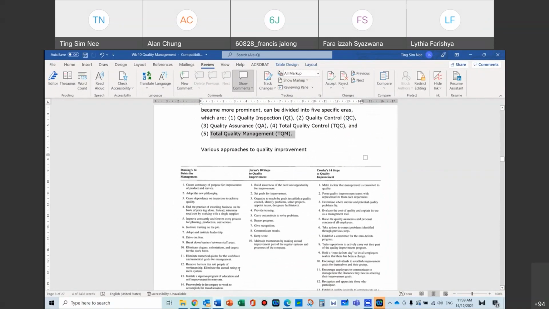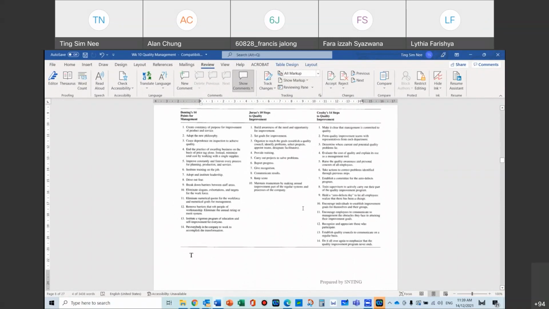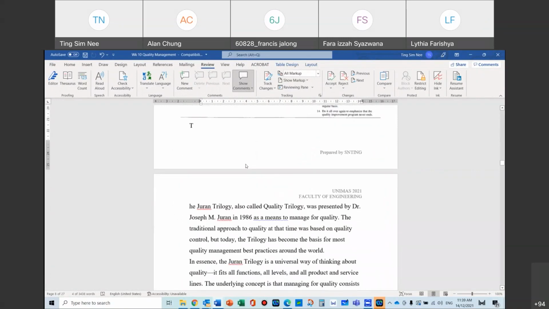And in fact, TQM is applying all these things from Crosby, Juran, Deming into quality management. Besides talking about statistical processes, besides checking and going to site and looking at the features, and besides collecting data and finding out what the root causes of the problem are, we actually want total quality management, meaning culture.